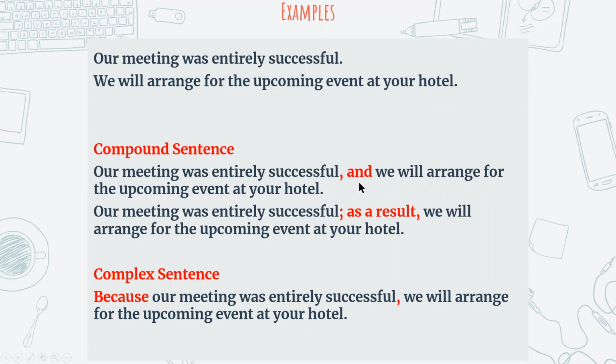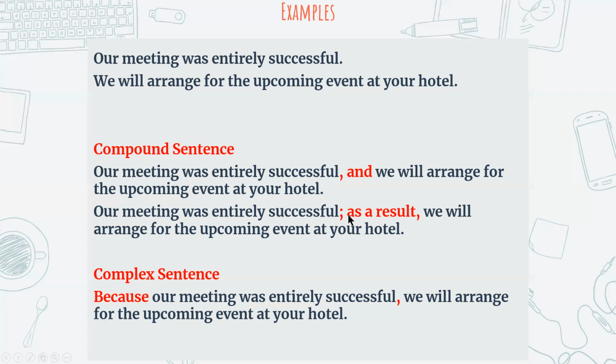I could use the coordinator "and" to create one compound sentence using these two simple sentences. I will have to put a comma after the first one and use "and" as a coordinator, then put a full stop at the end.